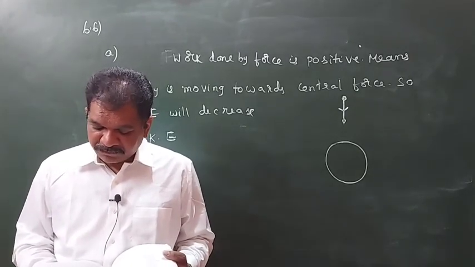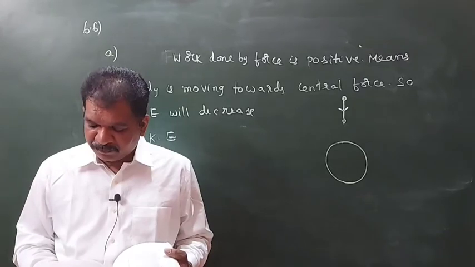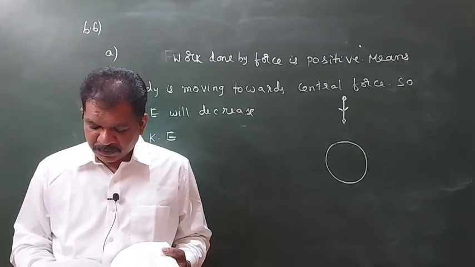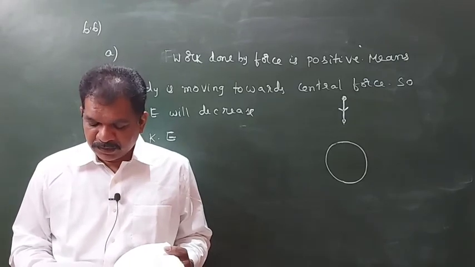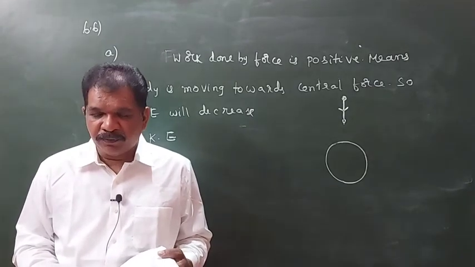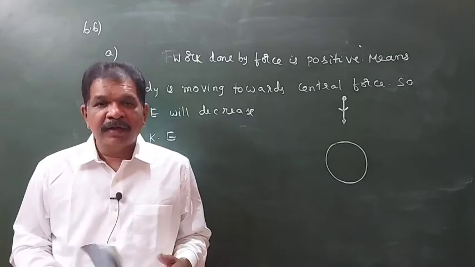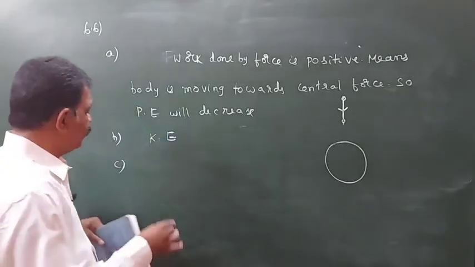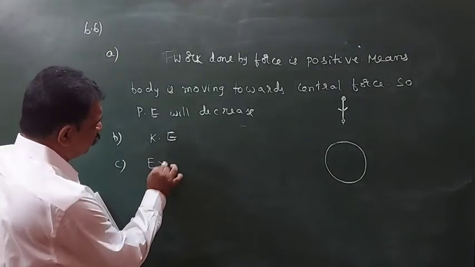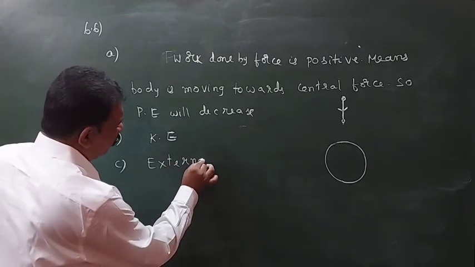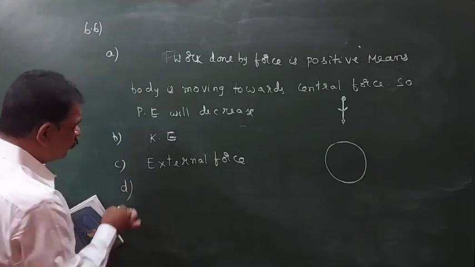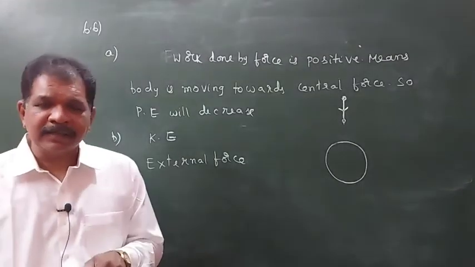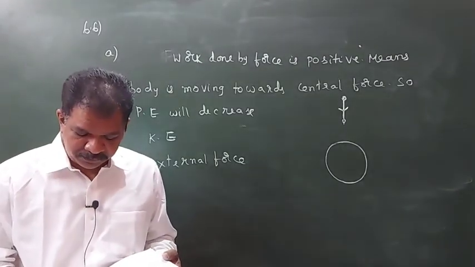The rate of change of total momentum of a many particle system is proportional to the external force, or the sum of internal forces of the system. Rate of change of momentum is directly proportional to external force. Internal forces, not. So for C, the answer will be external force.